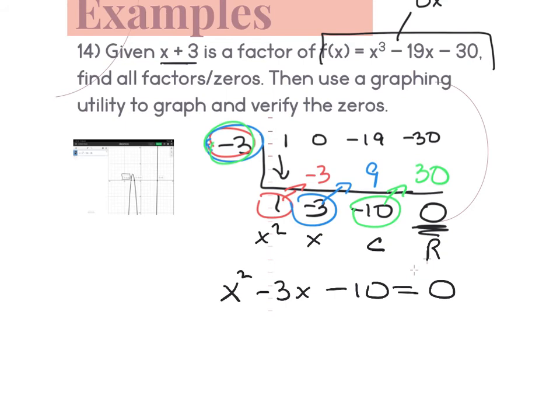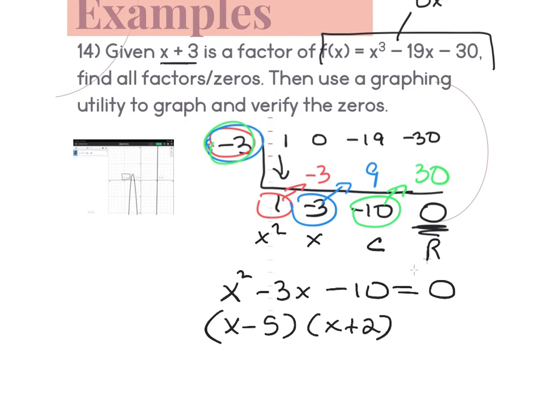If my quadratic function can be factored, that's the method I always use. It's the fastest way. This can actually be factored into x minus 5 and x plus 2.